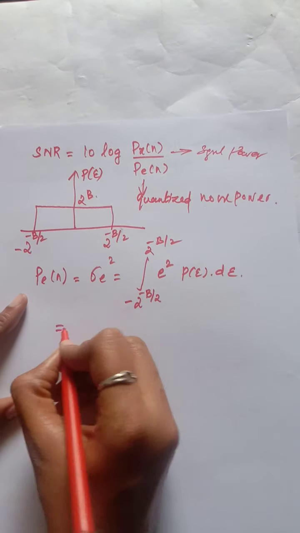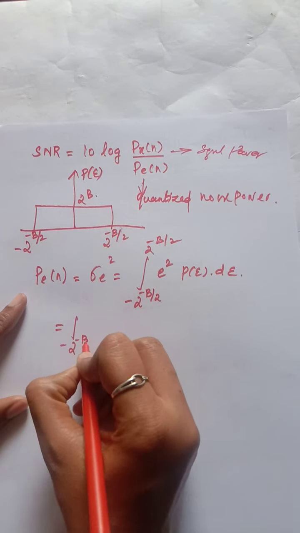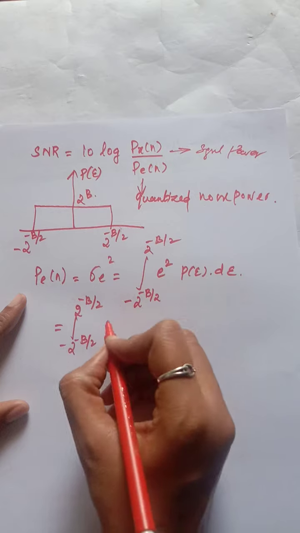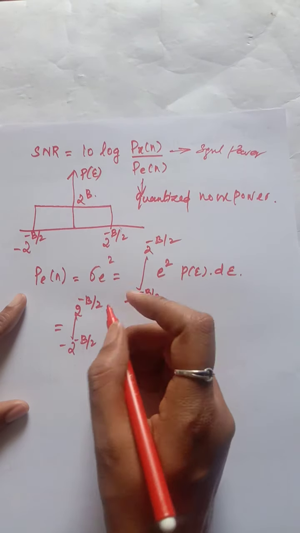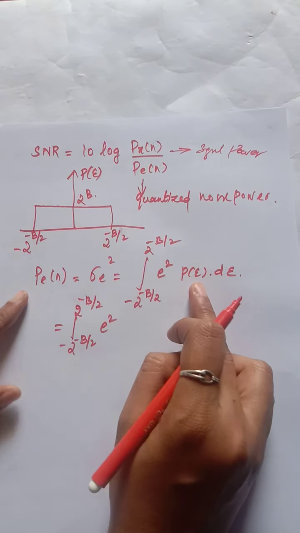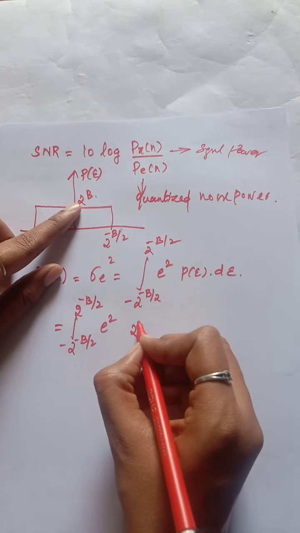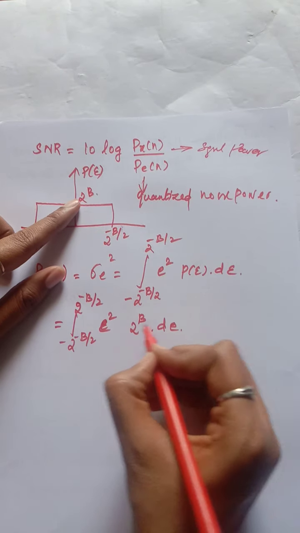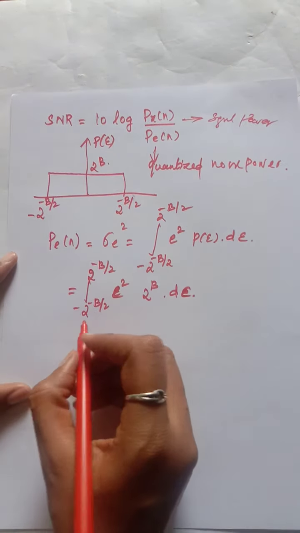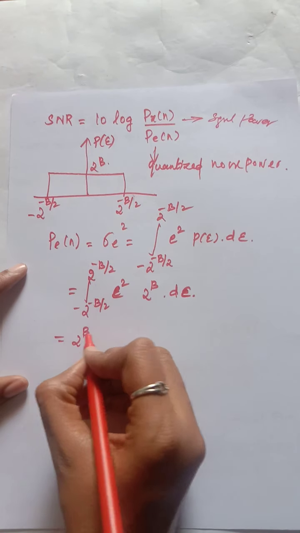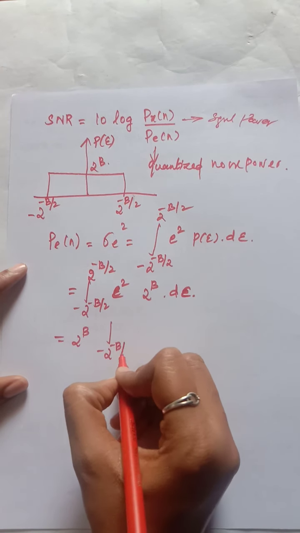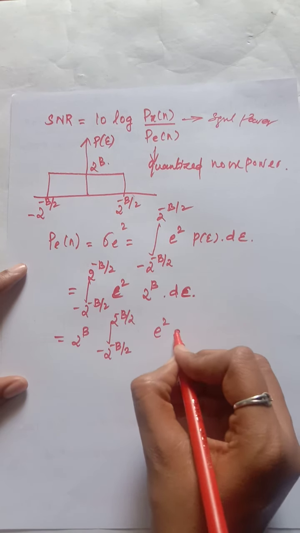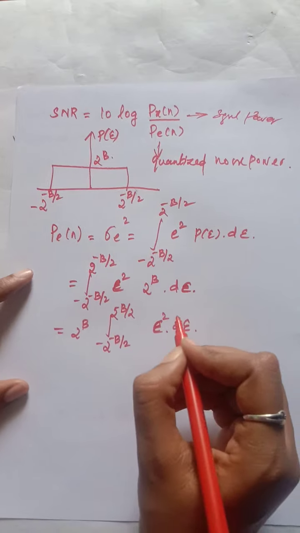Substituting these values, we have e square, and the probability of this is 2 power b, into d epsilon, or consider the error as epsilon. So it is 2 power b times the integral from minus 2 power minus b by 2 to 2 power minus b by 2. Here I need to integrate this.